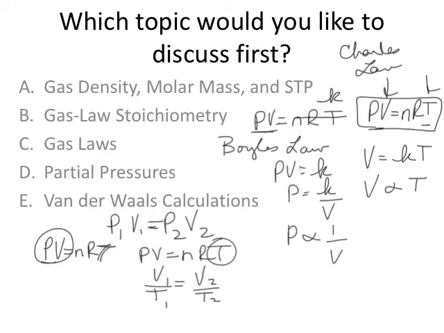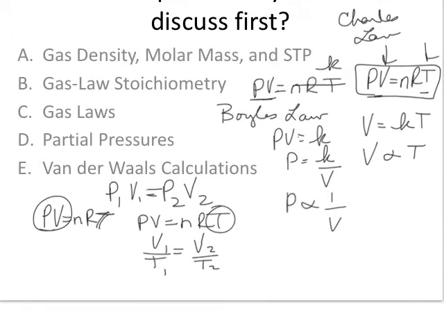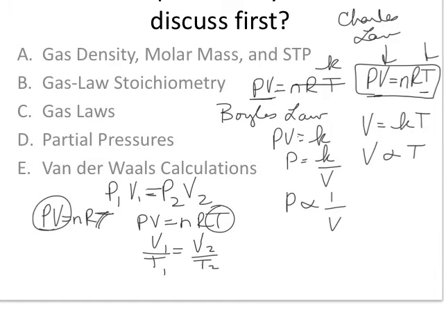The other thing that confuses students sometimes is what units everything needs to be in, because these gas law equations do require certain units for pressure, and I don't like to memorize that. What I do, and you should have this on your periodic table for your exam, is use R, which is 0.08206 liter times atmosphere divided by mole times Kelvin.